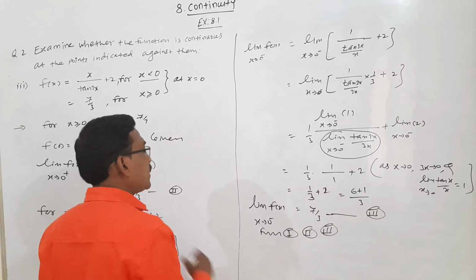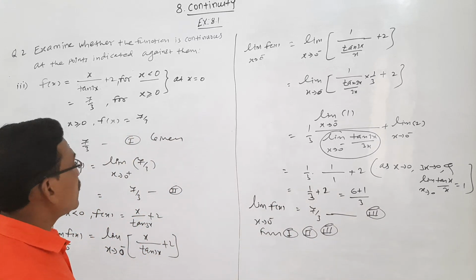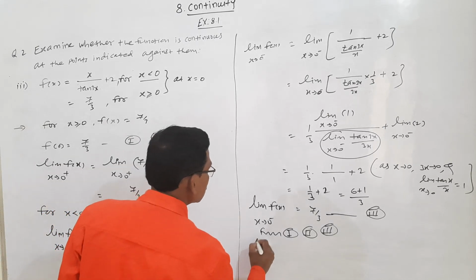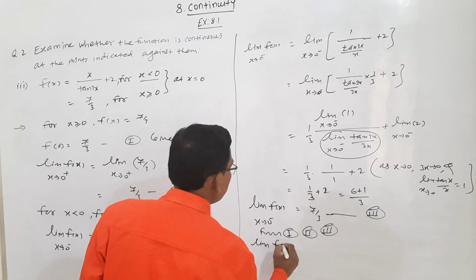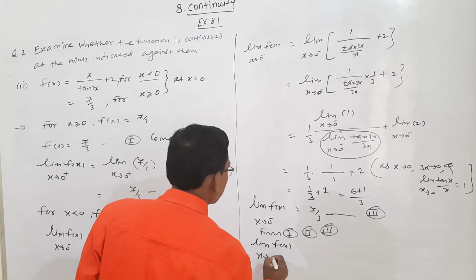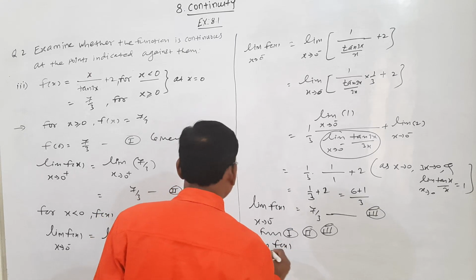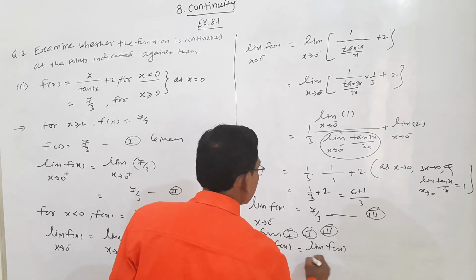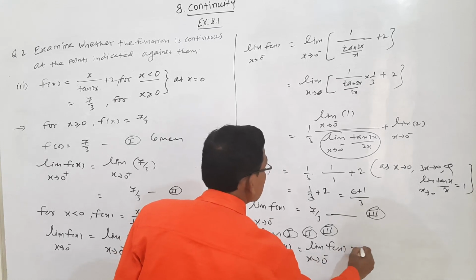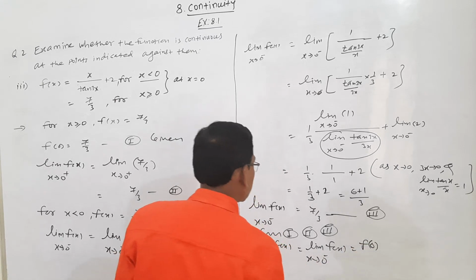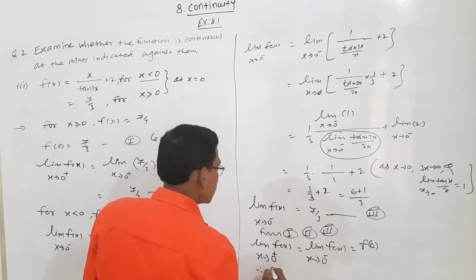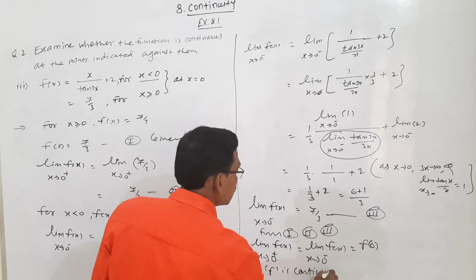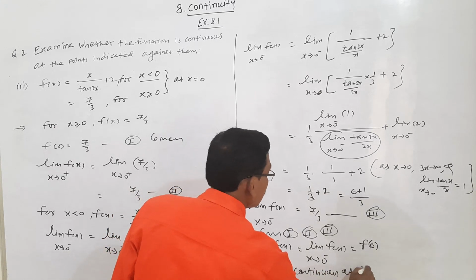Therefore the right hand side limit is equal to the left hand side limit, which is equal to the function value at that point. And so the function f is continuous at x equal to 0.